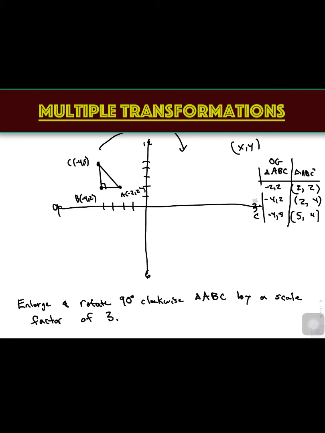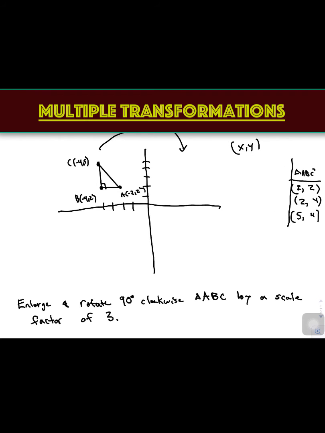I'm going to erase this column just to give us a little more room, but keep the new points. So there's our new points, 2, 2, 2, 4, and 5, 4. We also need to enlarge them by a scale factor of 3. So if we do that, A is going to move to 2 times 3 is 6.